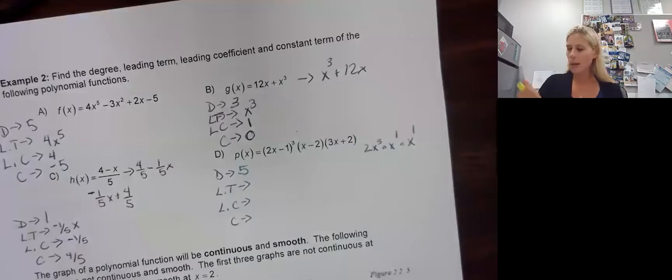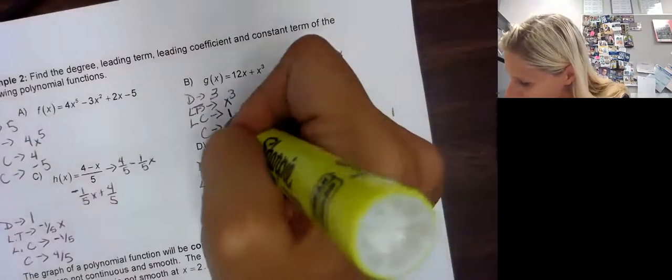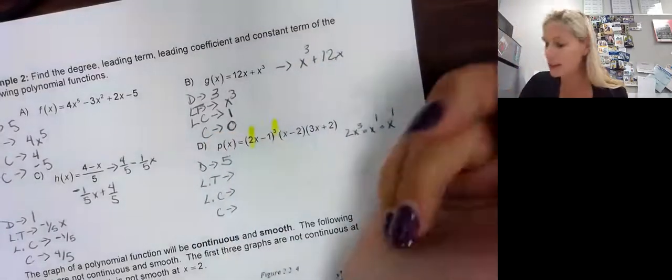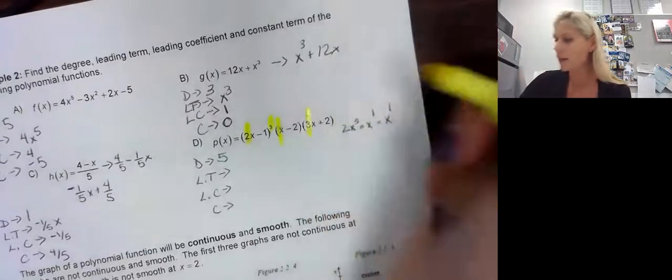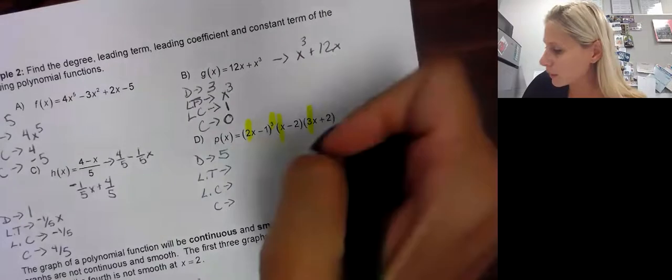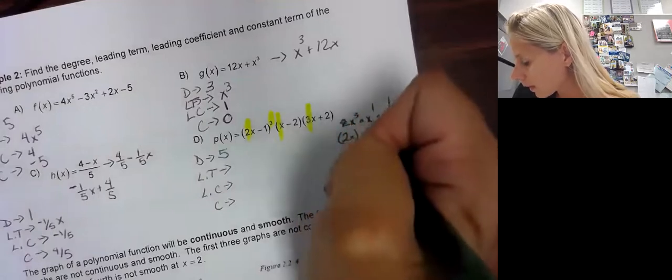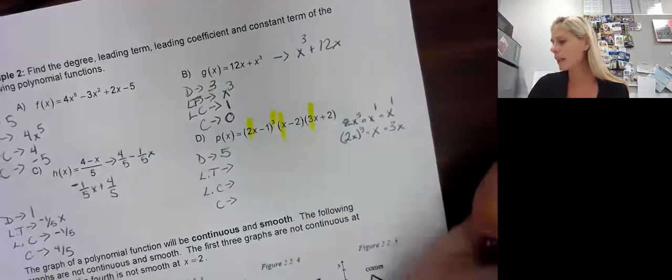Now, what about our leading term? Well, I still have to do 2x cubed because there's 3 of them, right? I have to do x and I have to do 3x. Okay, this was just to find out our degree. So if I did 2x, and that whole thing is cubed times x times 3x, what would we get?